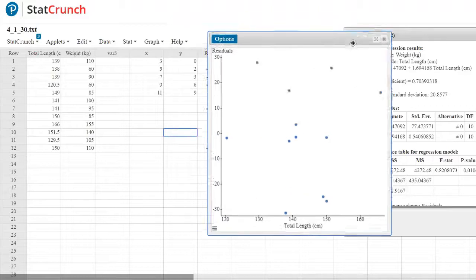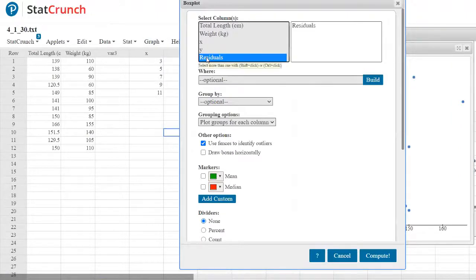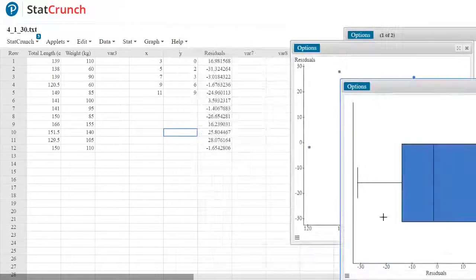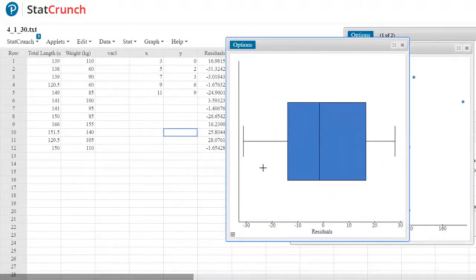Now, I could verify for sure that there aren't any outliers by also doing a box plot of the residuals. I'm going to draw it horizontally and identify any outliers. Here's the box plot of the residuals, and there aren't any outliers. So there's not a discernible pattern, we do have a constant error variance, and there aren't any outliers in the residuals, so we're good.